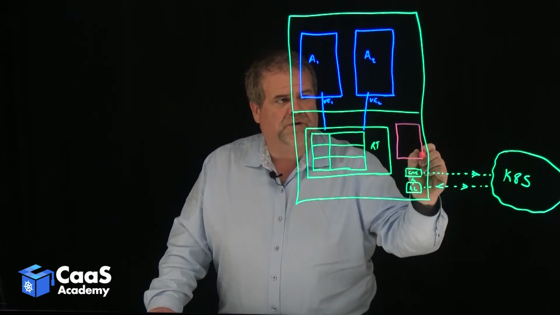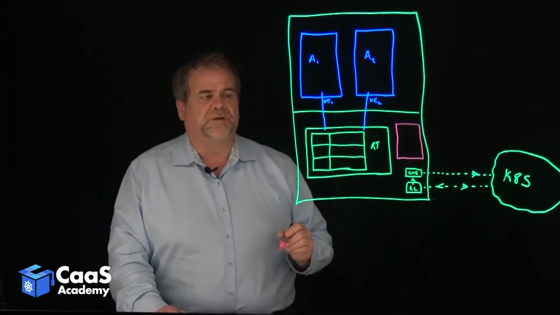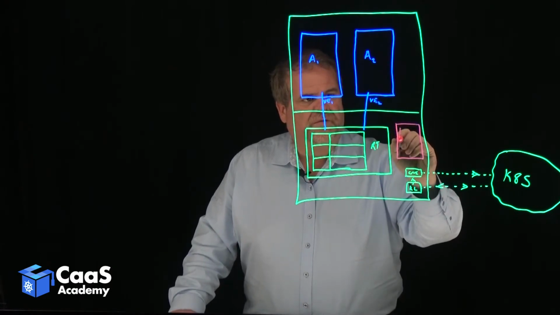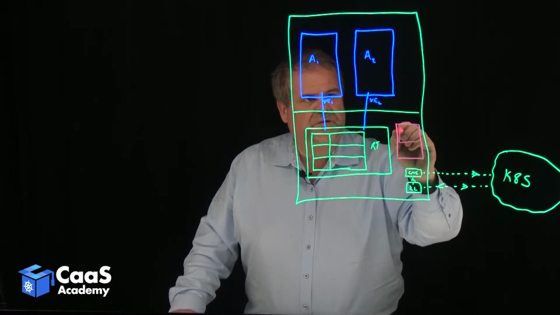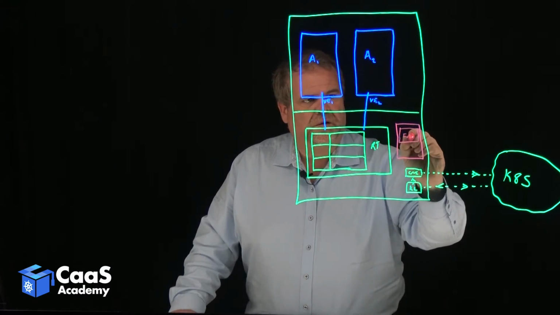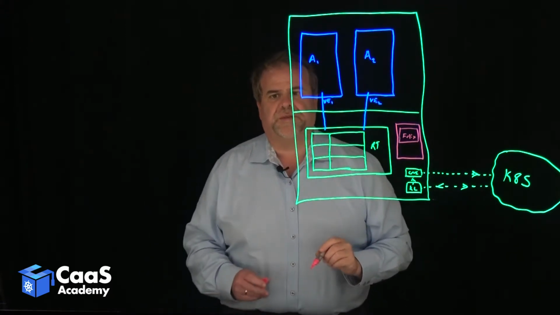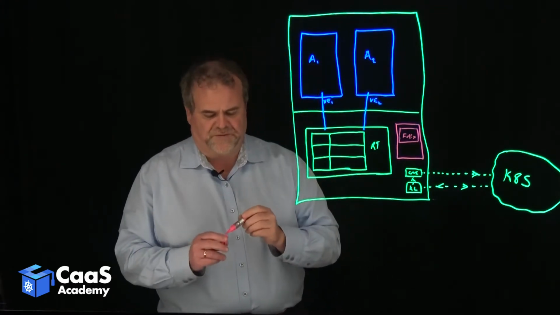And Calico node has two components in it. Calico node has Felix, and it has another pod. We'll talk about another workload, we'll talk about that in a minute. Right now it's got Felix.